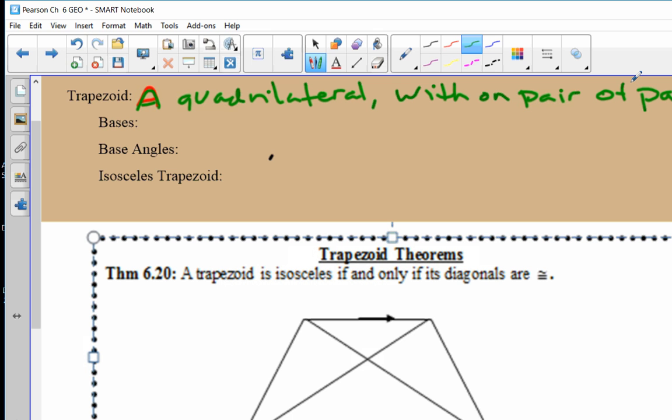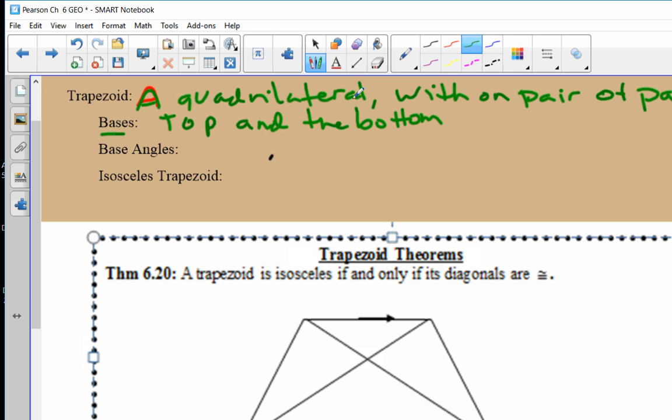It also has a couple other vocab terms that go with it to distinguish different parts of a trapezoid. Bases are typically the top and the bottom. Typically those are going to be the sides that are parallel to each other. Okay, trapezoids can be drawn 100 different ways, so you're really just looking for that one pair of parallel sides.